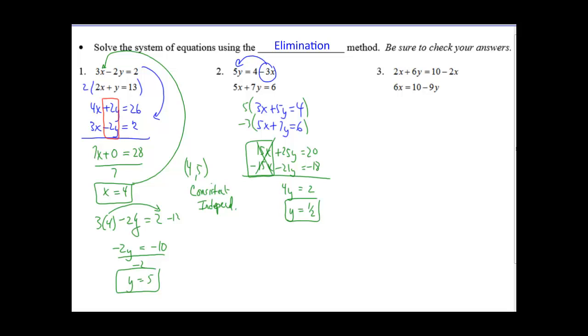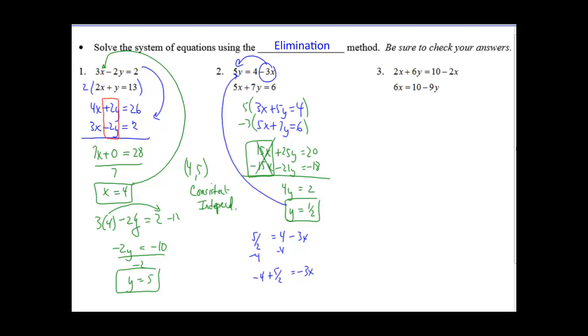Okay. What we can do now is go back to the original equation and plug in 1/2 for y. I know it's a fraction. It's okay if we do that. So I'm going to take this and plug it in for that y there. So we'll get 5/2 equals 4 minus 3x. If we subtract the 4, you get minus 4 plus 2.5 equals negative 3x.